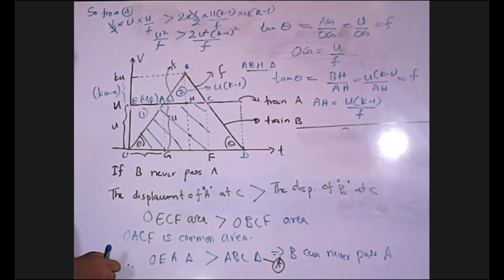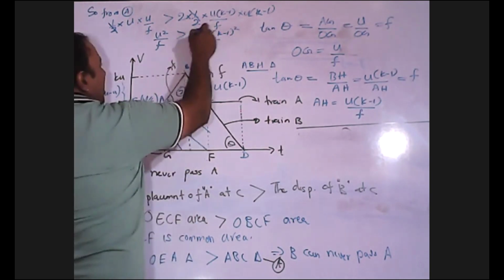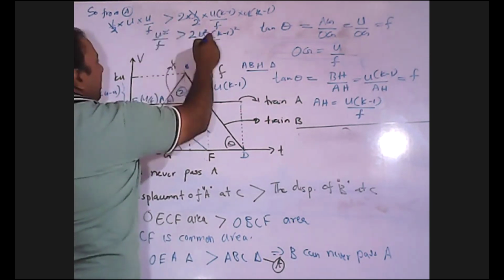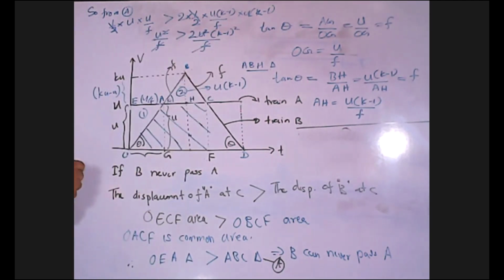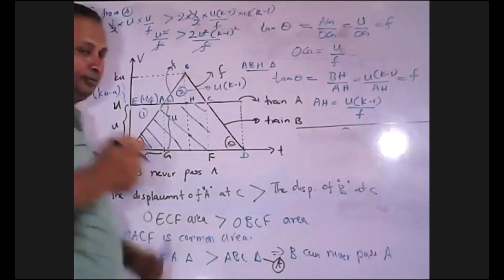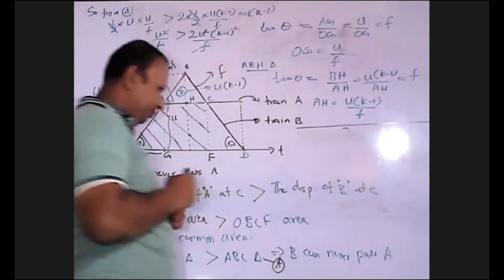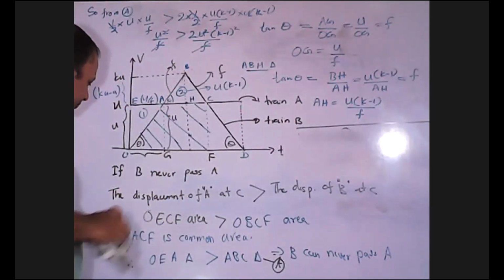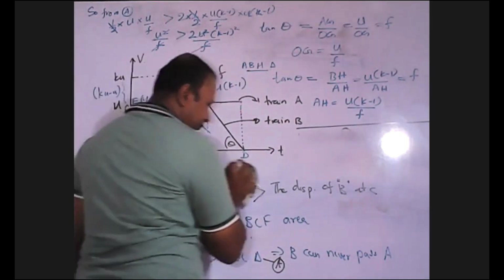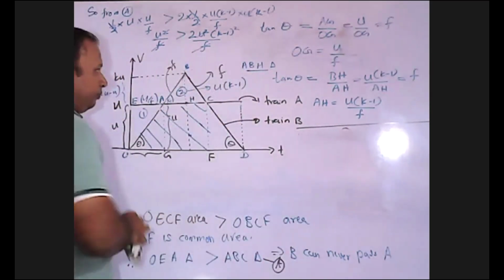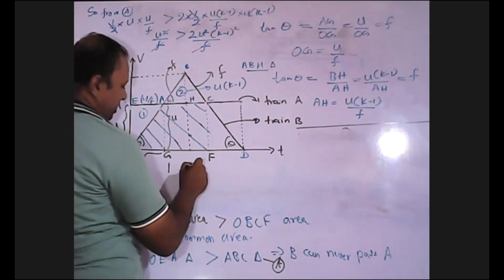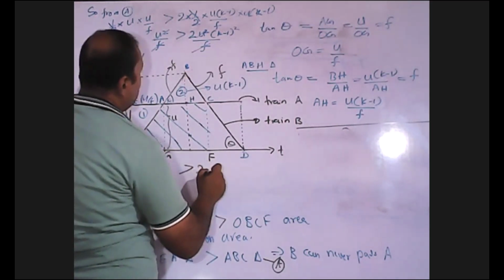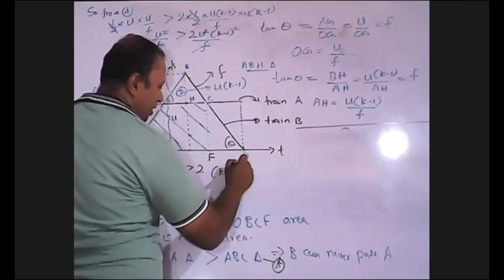Then U squared and F will be cancelled out. Clearly, 1 is greater than 2 times K minus 1 squared.